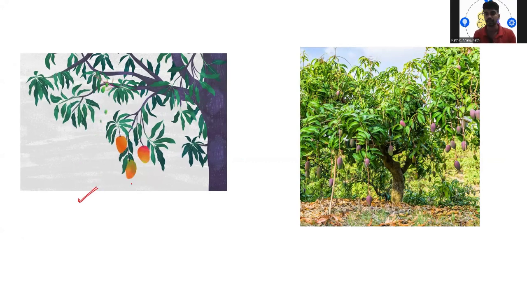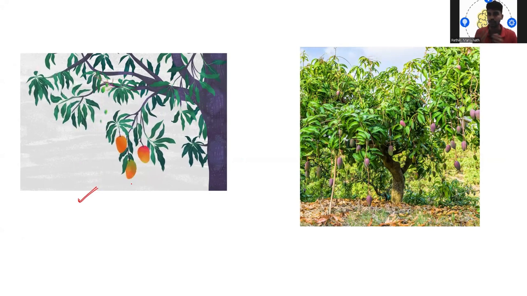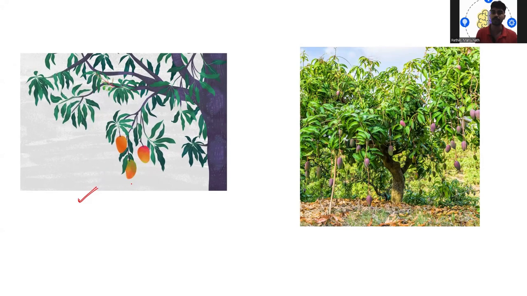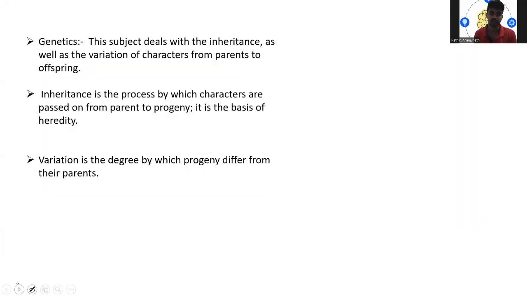The same thing happens in animals; almost all living organisms show similarities with their parents, completely or partially. So why is this happening, and how? That is what we are going to study.